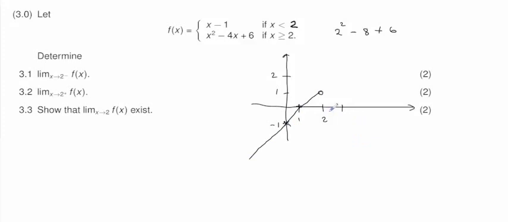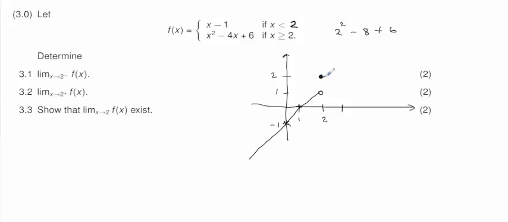Then at 2 and on the right hand side of 2, the function assumes this expression of the parabola. At 2 itself, it is evaluating here as 2 squared minus 8 plus that, which gives us 10, and then it will be 2. Then we've got the value of the function there.